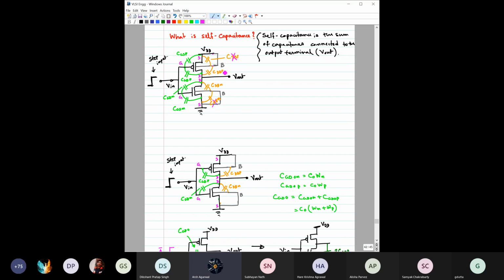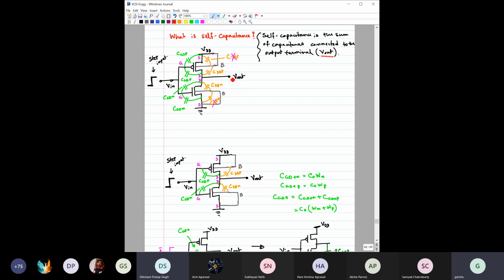Sir, can you please once again tell why CDBP and CDBN are in the current path, or why they are being considered? For this case, the one on screen. Why are they considered? Because we are now interested to see what are the capacitances associated with or connected with this V out.